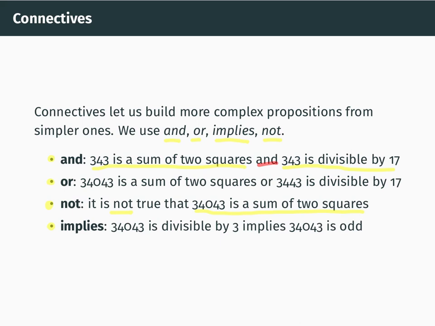Now in 0005 we will almost exclusively think about these four connectives. You might reasonably ask, are there any other connectives? Or you might even know examples of other connectives. For example, you might have seen the connective if and only if, or iff with two F's for short. Or you might have seen things like exclusive or, written XOR, or Sheffer stroke, or NAND, something like this.